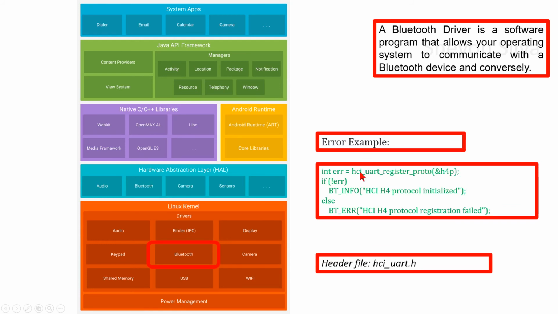For example, for an error, we can consider the hci_uart_register_proto function, and you can see the error handling code here in the else segment. And this function is in the hci_uart header file.